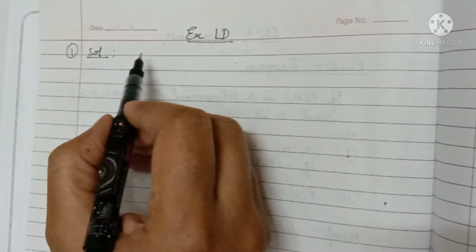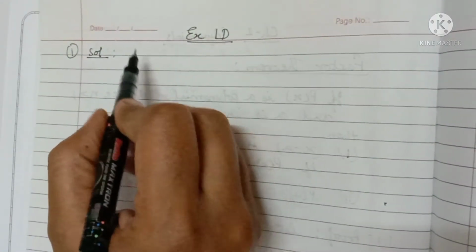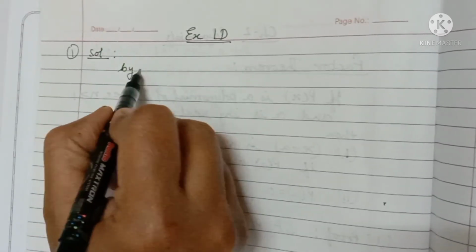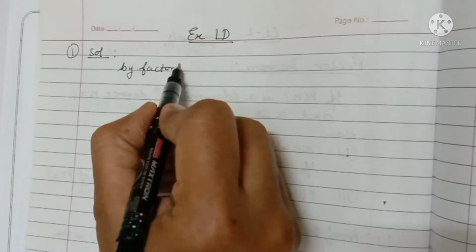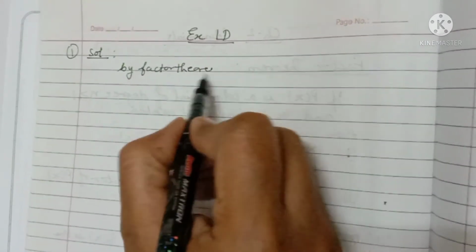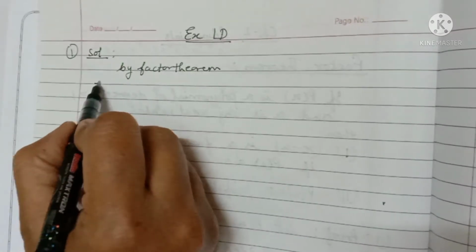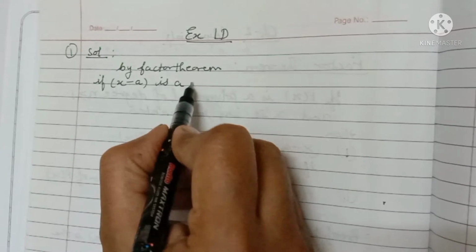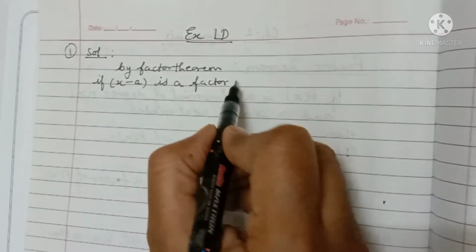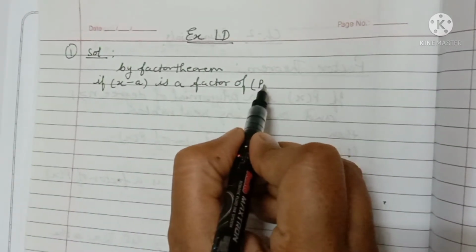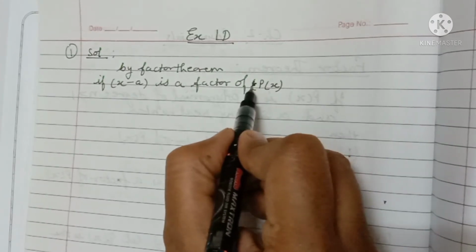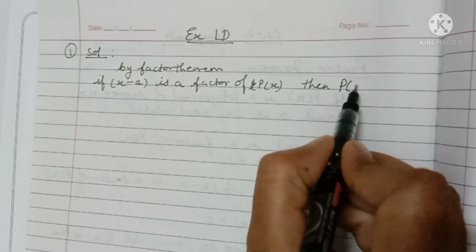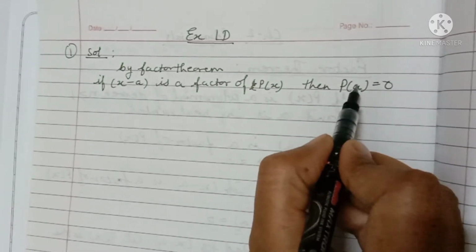The first question is x minus 2 is a factor of x cube minus 8. So using the factor theorem, by the factor theorem, if x minus a is a factor of P(x), then P(a) is equal to 0.